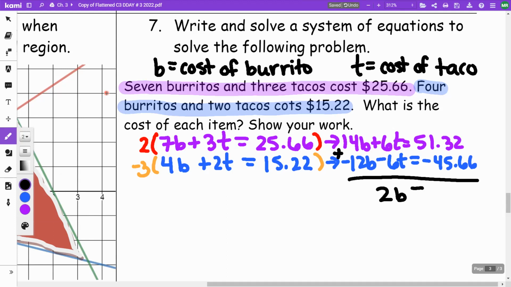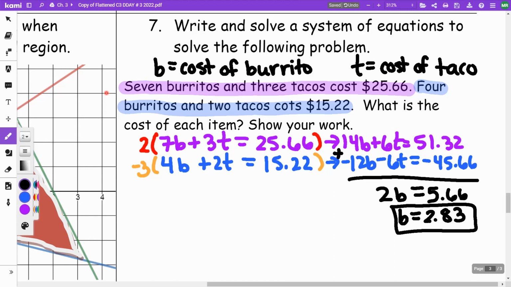I'm going to get 2b, my t's are going to cancel out, and 5132 minus 4566 is 566, divided by 2 is going to give me 283. So the burritos are going to cost $2.83. The tacos, let's say I put it in the blue equation.